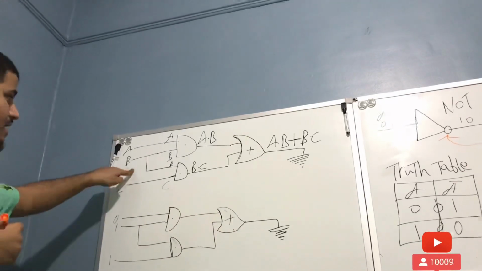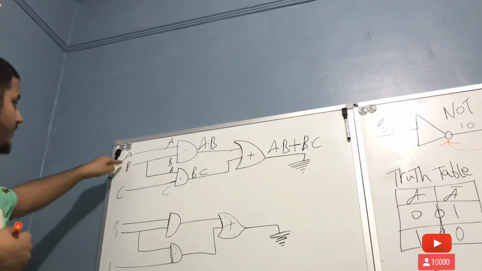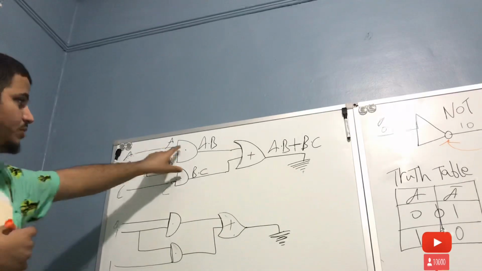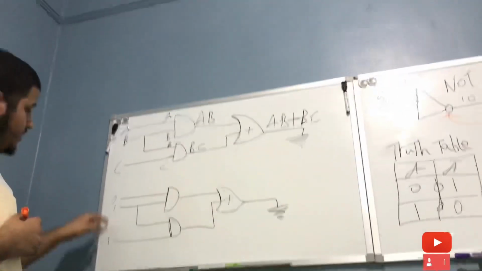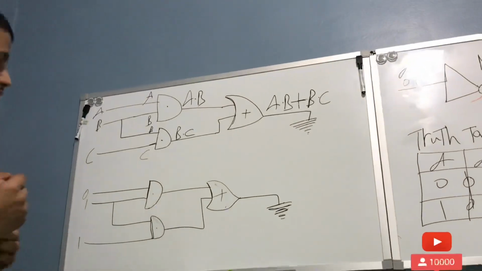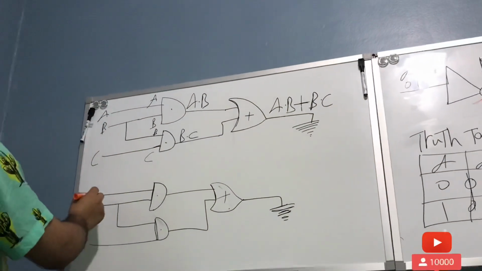I just put here the letters to represent the input and the output, and then here I'm going to put 0, 1, 1. Let's see what the output is for it. I put here 0 and 1.